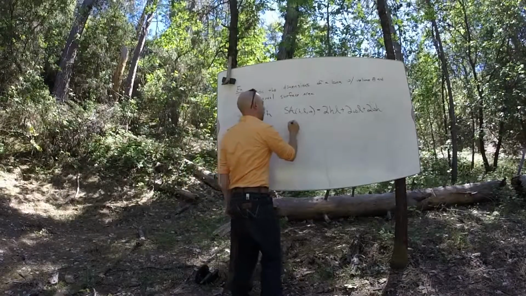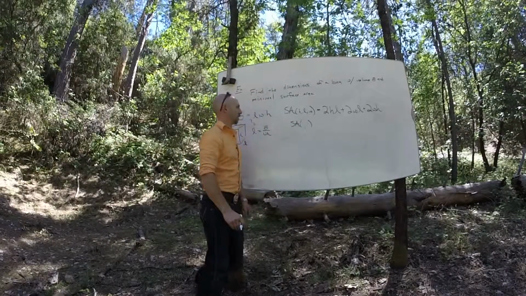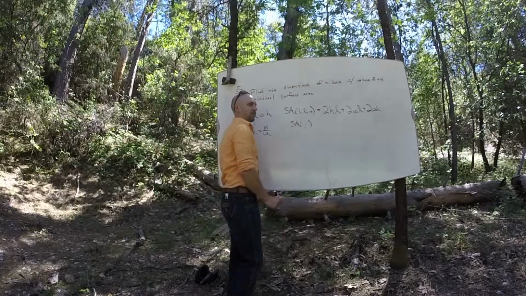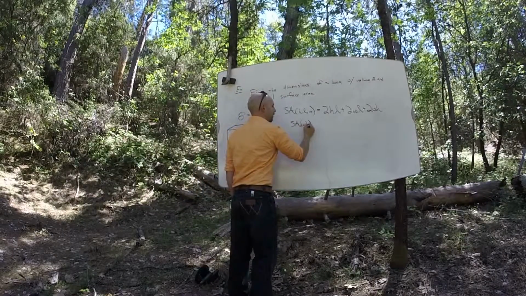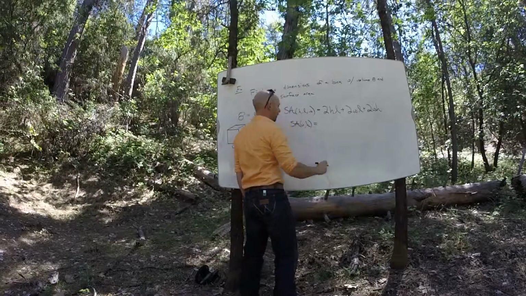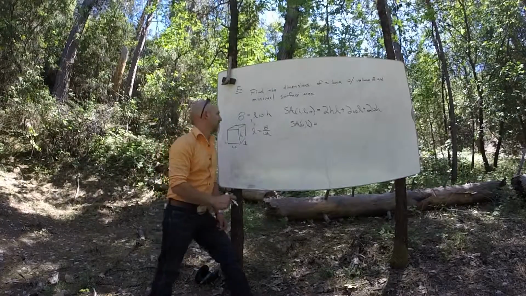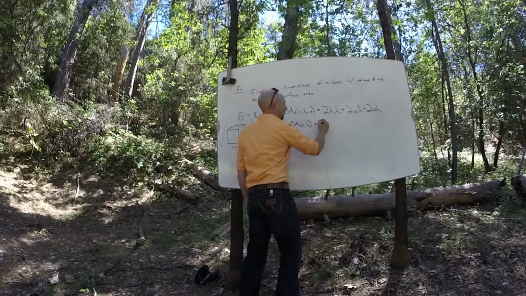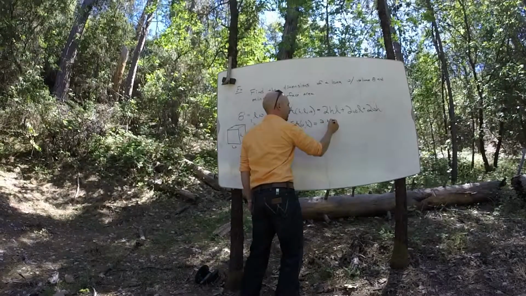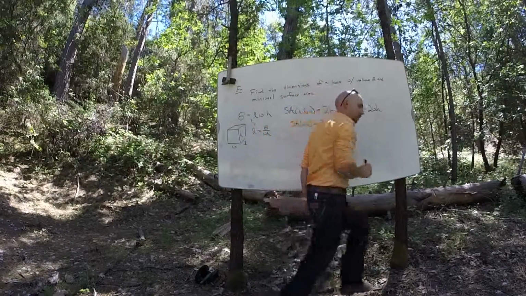Plug it into the surface area. So now I'll have surface area as a function of W and H, whatever you're left with, right? What do I get on the first one? 2 times H times 8 over WH.